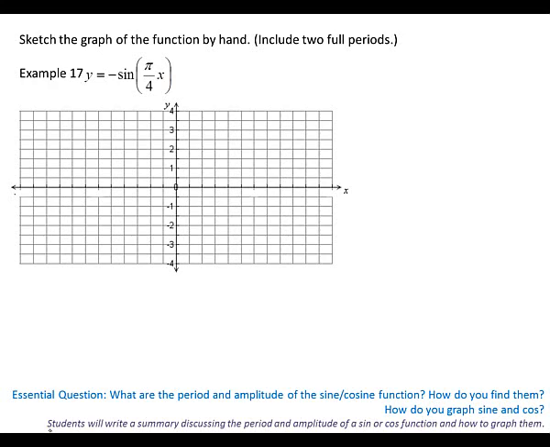Okay. Looking at this one here. All right, we've got a couple of things going on. So, let's first of all calculate our period. So our period is 2 pi divided by, what is the value in front here? Pi over 4.